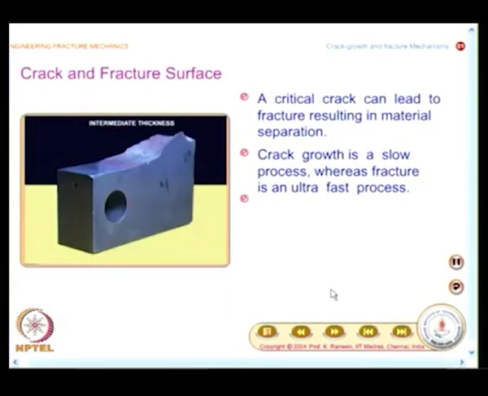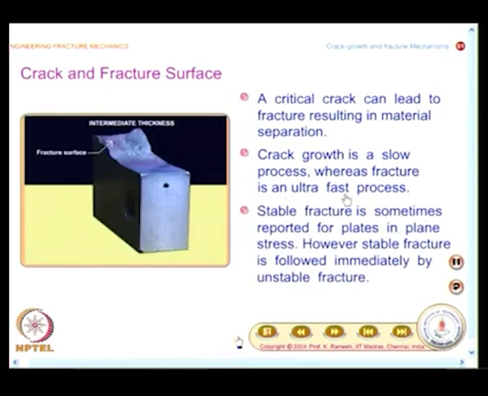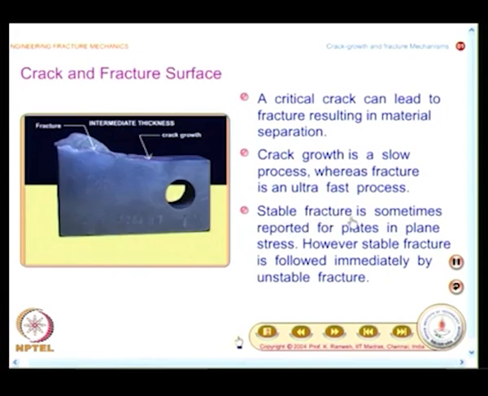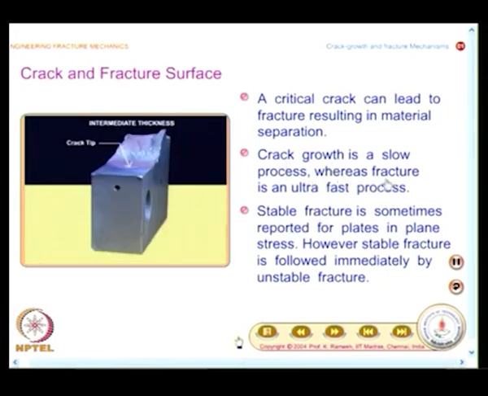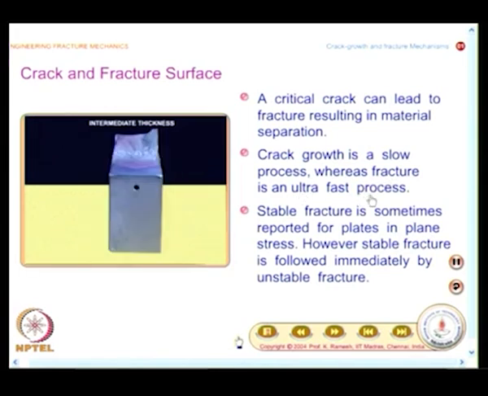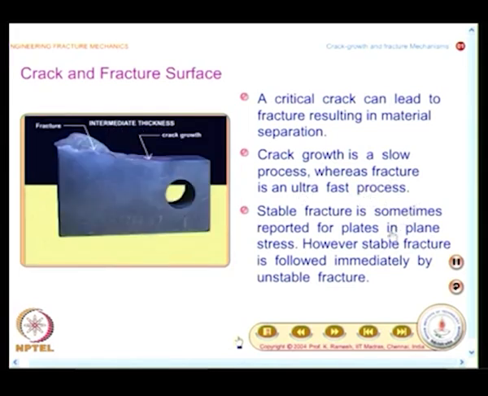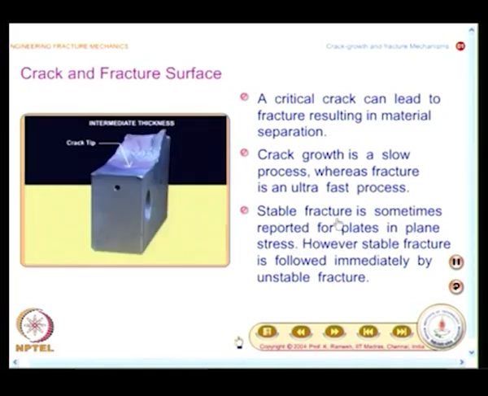And before I proceed further, I would also like to point out that there is stable fracture possible. We have said crack growth is a slow process, whereas fracture is an ultra fast process, but you also have another phenomenon that is observed in the case of plates in plane stress. There is stable fracture.